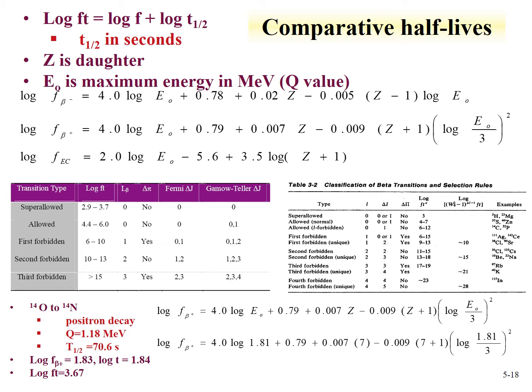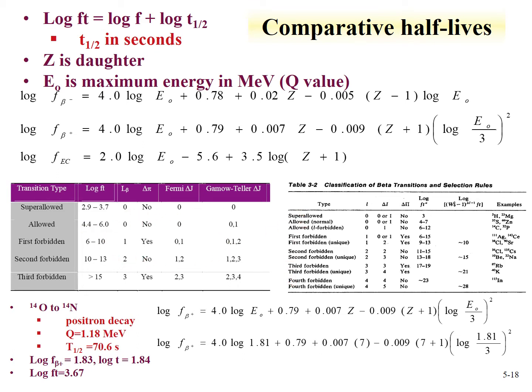By doing this, we can get a range of log Ft values that basically break decays into allowed transitions, first forbidden, second forbidden, third forbidden. I put two tables here that you'll find in different textbooks that describe the ranges for the allowed and the forbidden transitions.